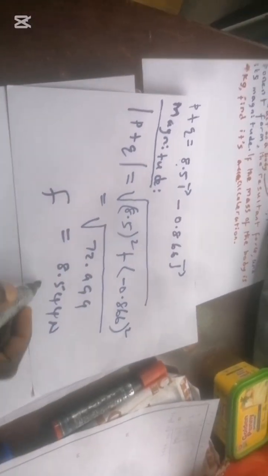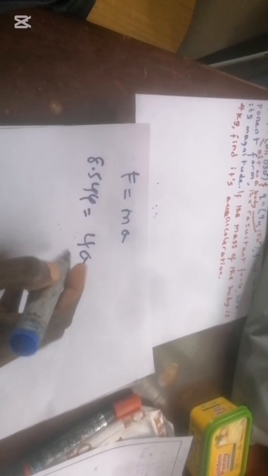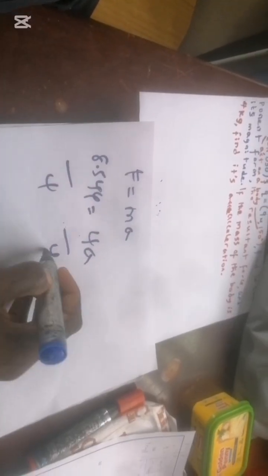Let me show you what to do. Now, according to physics, not maths, force is equal to mass times acceleration. Now remember, the force I just got in my resultant is 8.544, right? So I can come here and just say, 8.544 is equal to mass, which is 4, times A. Divide both sides by 4. This will cancel.